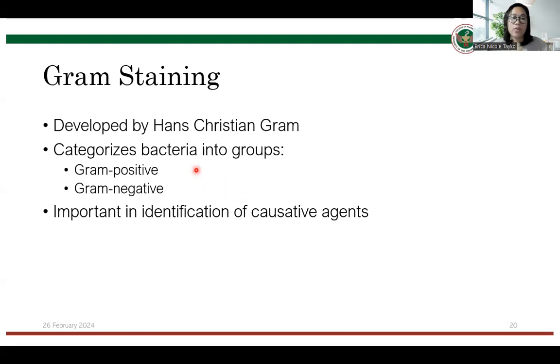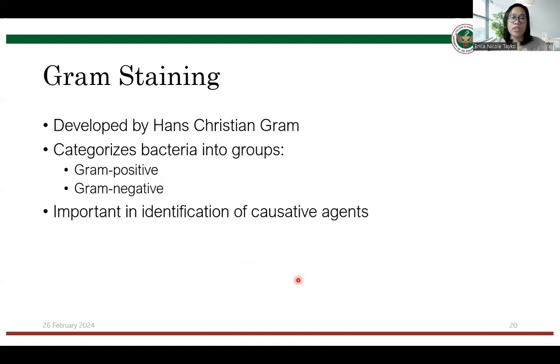Gram is written with a big letter G, because it is named after a scientist, his last name, Gram. When we say gram staining, basically what we want to find out is to categorize your bacteria into gram positive and gram negative.